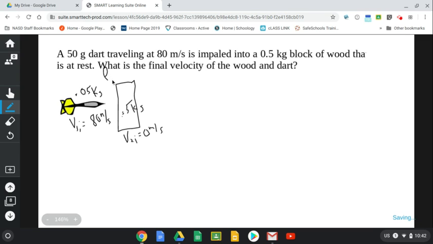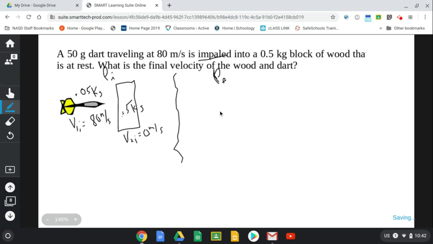So this is my initial conditions. So this is my initial momentum. And over here is going to be my final momentum. It's a little rough there. But in the final momentum, the word impaled means it comes stuck together.